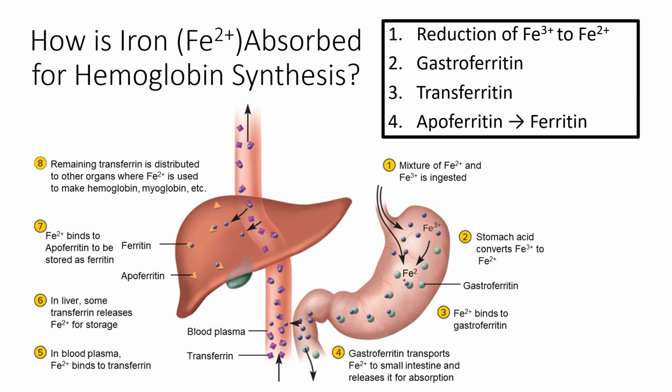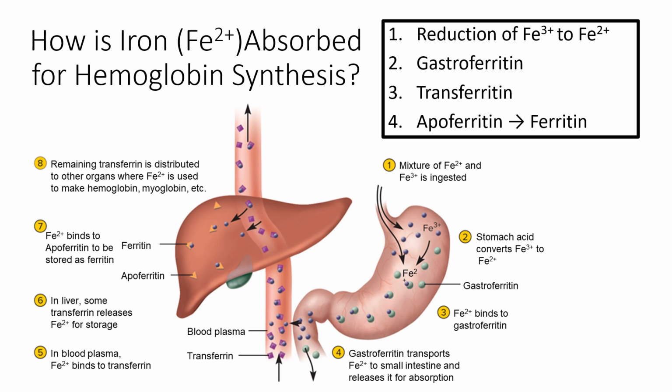Some of the iron is stored as ferritin in the liver when the iron is bound to apoferritin. So iron plus apoferritin equals ferritin. You bind iron to apoferritin and you have ferritin.